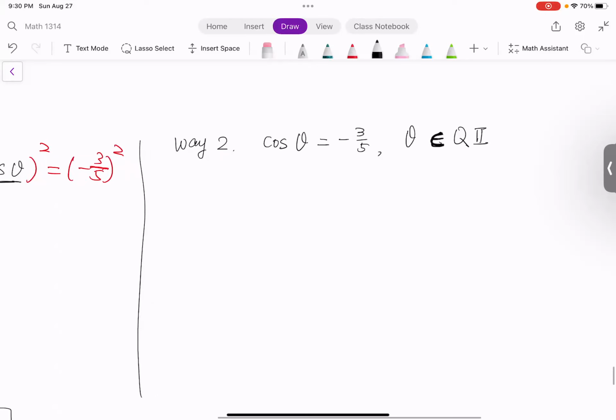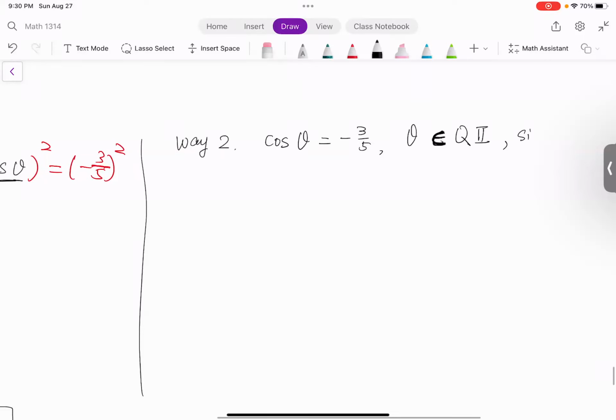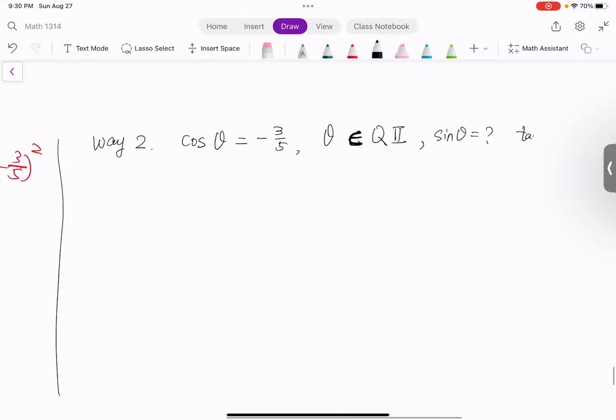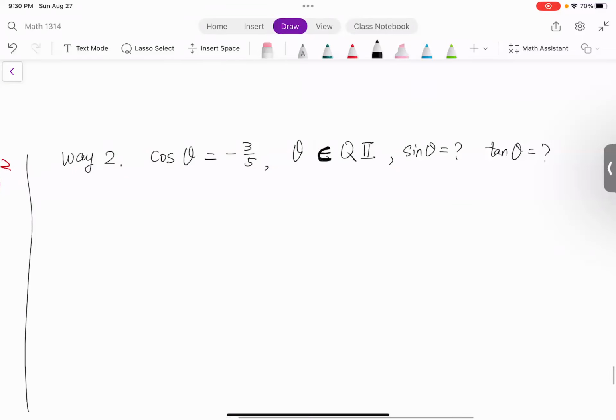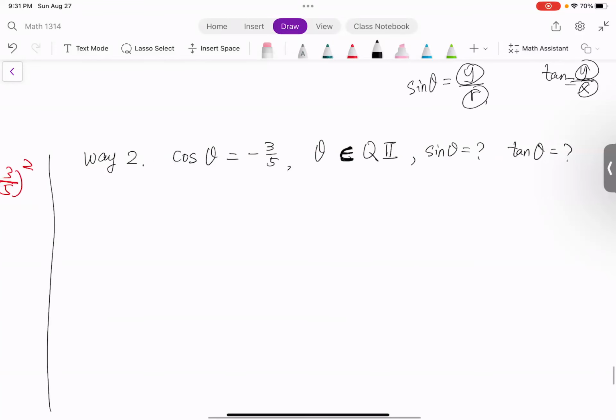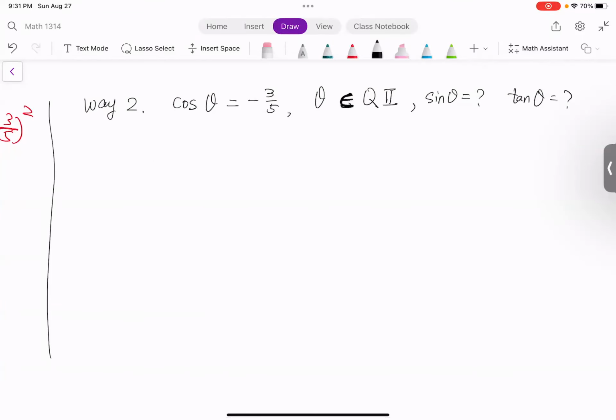Looking for sine theta and tangent theta. So use the old method we have learned before. If I want to find the sine theta, you remember that's y/r, and tangent theta is y/x. If I can find the y, x information, I can find the sine and tangent. So let's use the old method we have learned.